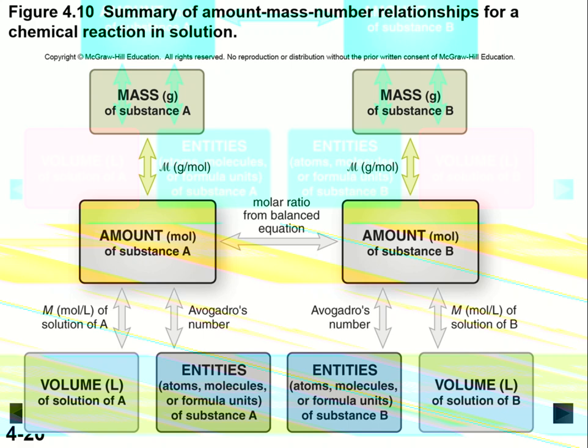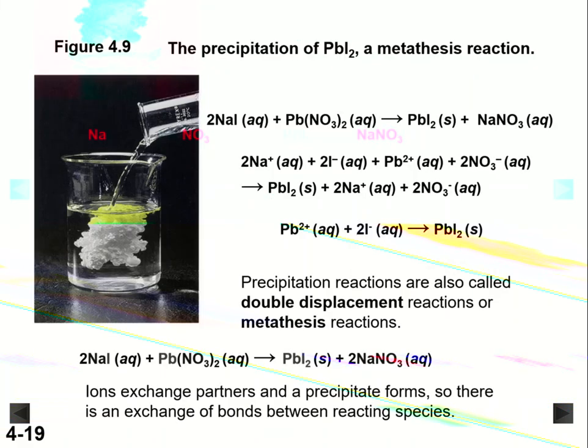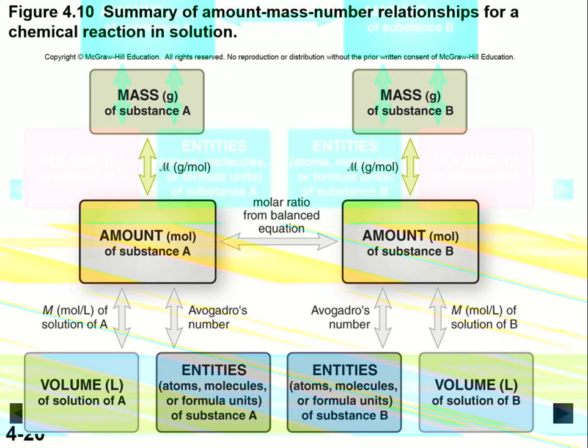So, for example, in this upper slide, the last slide we looked at, the sodium iodide and the lead nitrate, we can see it's a 2-to-1 ratio. We need 2 iodides for each lead. And so that would be the balanced equation that would tie together amount of substance A with amount of substance B. And we can relate these to their masses, to their number of entities, or to their volumes by their molarity.